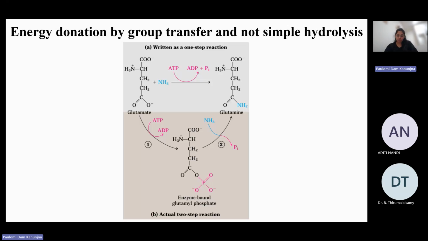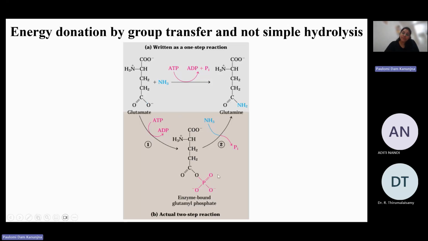But that's not what happens, and this is what you should remember. Energy donation by ATP is not just simple hydrolysis, it is by group transfer. ATP hydrolyzes to give ADP and a phosphate, and this phosphate binds to the substrate. The phosphate goes and binds to the glutamate, making a complex called enzyme-bound glutamyl phosphate.